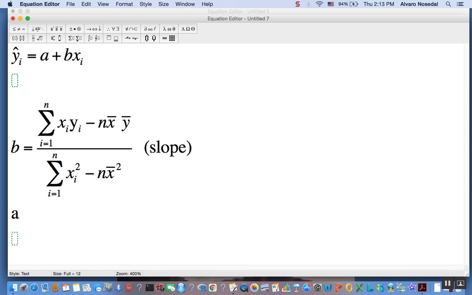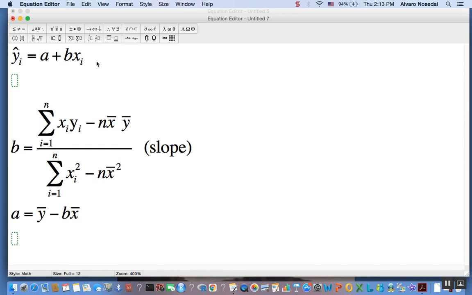And the other one, a, we said that a was going to be y bar minus b times x bar. So first you find b, and once you find b, you get to find a.